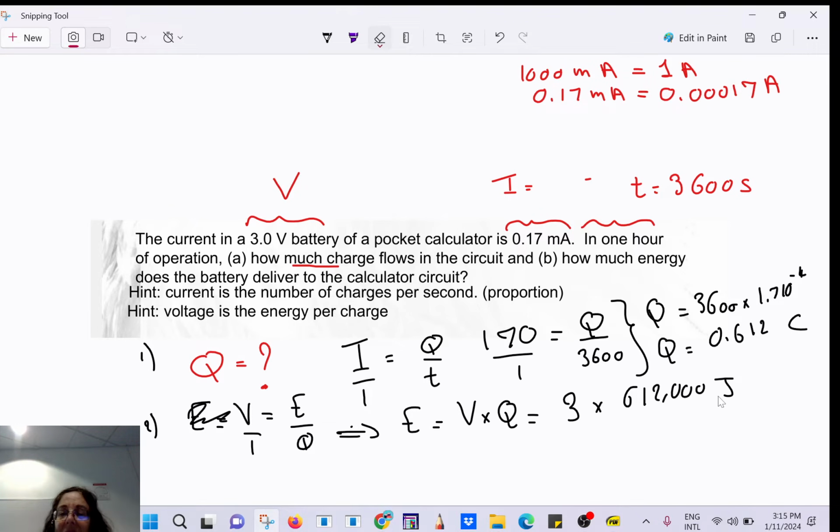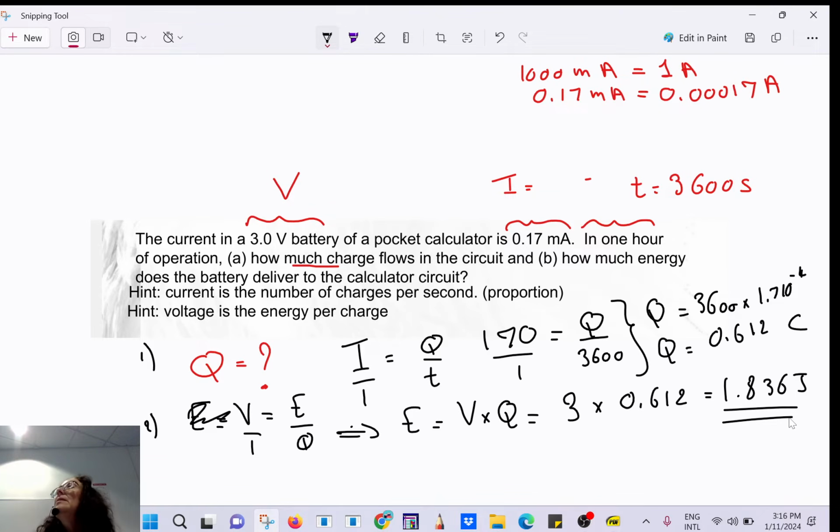Okay, no, because that was a big number, I say. Something is wrong. 0.6112, and what do you get? Yeah, that's better, joule. Right?